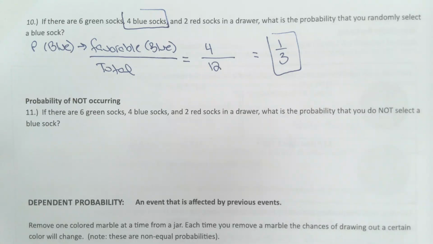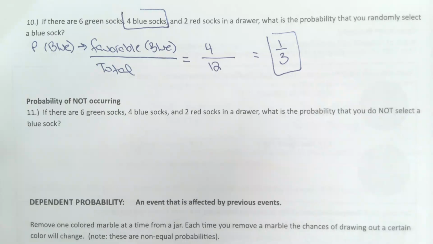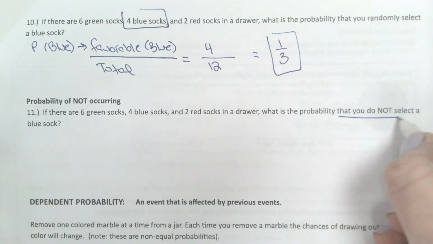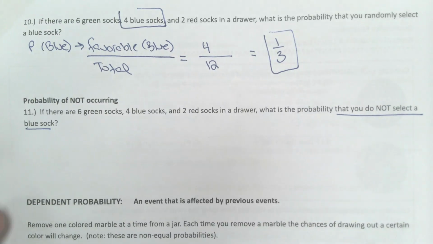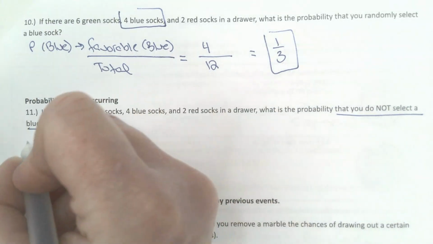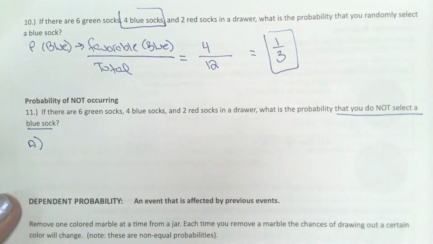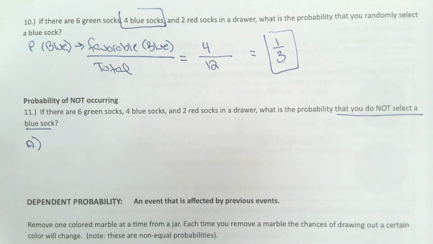We have the probability of something not occurring. We have the same socks in the drawer. What is the probability you do not select a blue sock? All right, so there are two different ways that you can do it. Option A is what? I'm going to hit pause and they're going to think on that one.